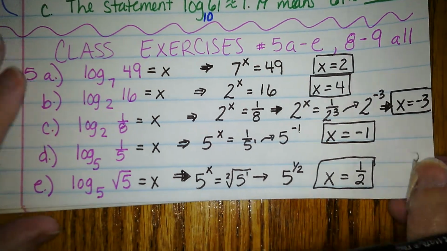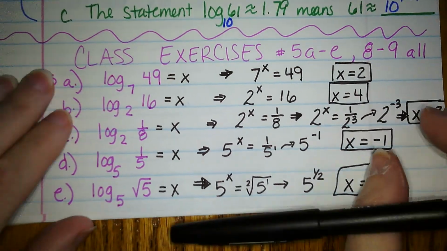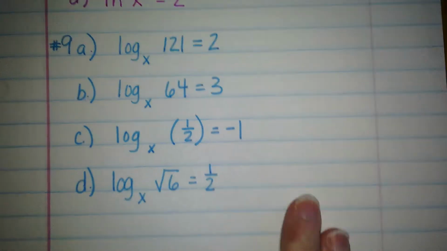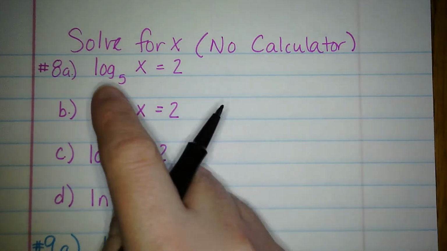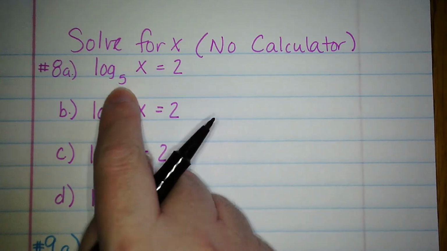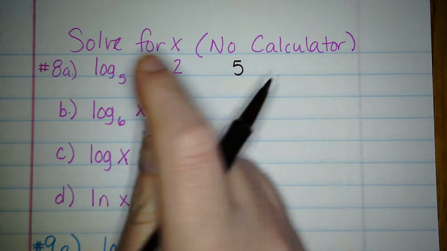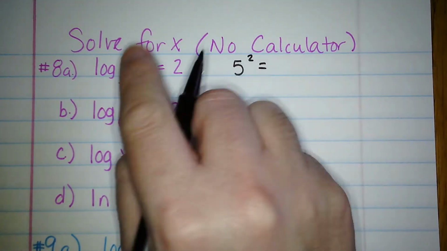Now what we're going to do is work on number 8 and number 9. Same class exercises. I rewrote them already. Let's see what we can do with them. Again, solving with no calculator. We're getting this into exponential form so we can solve. The base comes first. The base is our subscript 5. Our exponent is 2. And that equals x, our answer.